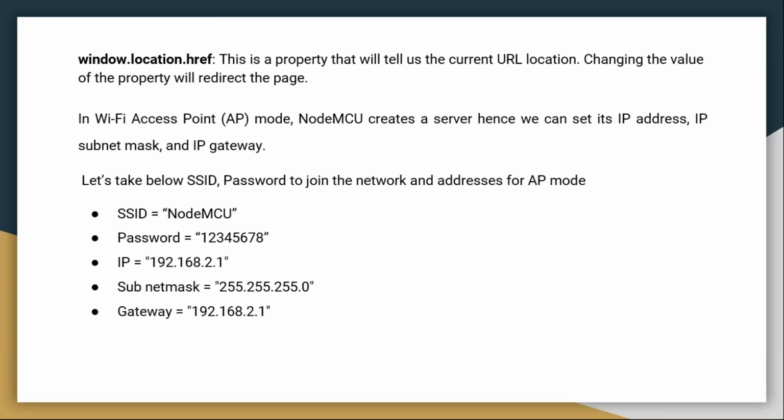Hence we can set its IP, subnet mask, and gateway IP, so that only we will know the IP, for security purposes on the local network. Otherwise, anyone can access it if we do it openly.